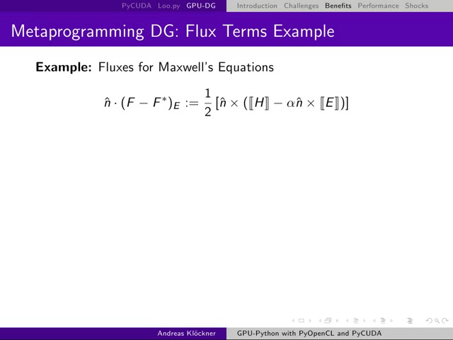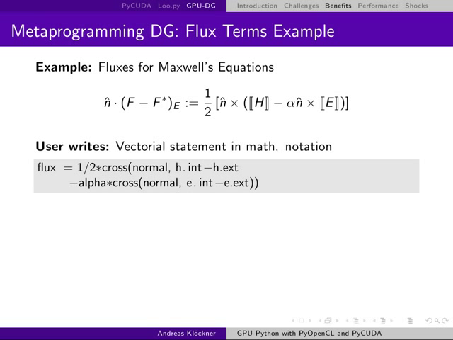This is what you might find in a paper for the flux term, for an upwind flux, to be precise, for Maxwell's equation. This is how you rewrite it for the solver that I'll show you. It's called Hedge. Basically, the goal was to make this and that match up as closely as possible. There are two cross products, and these double brackets represent the jumps of a certain orientation between two elements. You say, okay, cross the nodal with the jump in the H field, and cross the nodal with the jump in the E field.